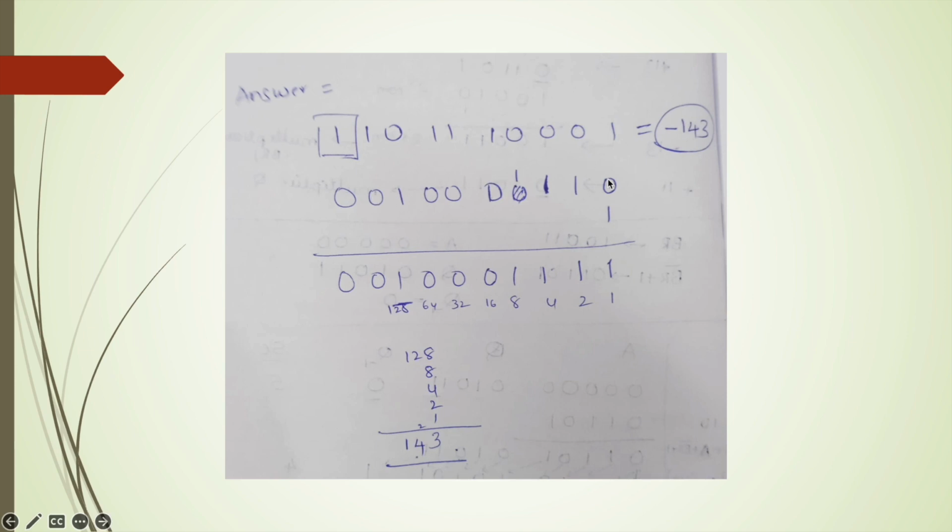The 2's complement value is 0010001111. So it's equivalent to 1 plus 2 plus 4 plus 8 plus 128, which is 143. So the value of this answer is minus 143. So our answer is correct.